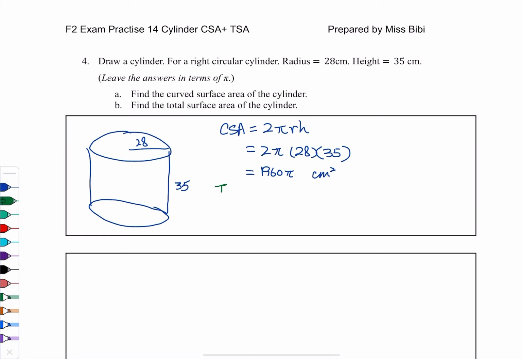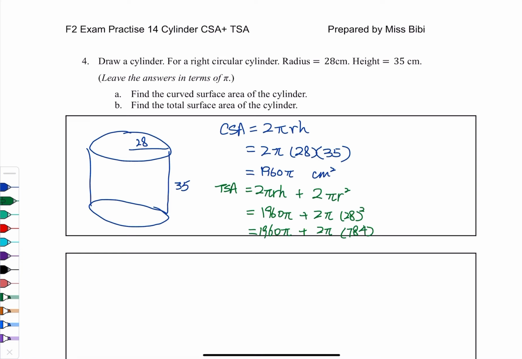And then next TSA means include the curved and the top and the bottom circle. So 2 pi r h is the curved, and the two of the circles, pi r square is each circle. And then we already have the curved, so just do that, and then radius is 28, and 28 square is 784. Should be. You can click calculator even if I'm not.